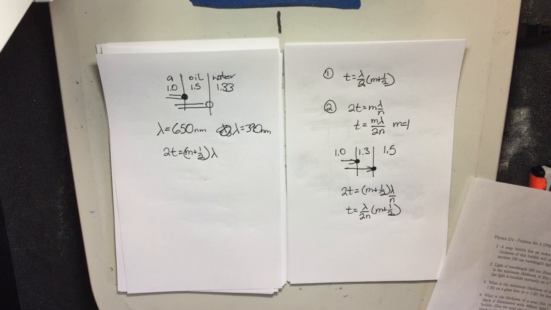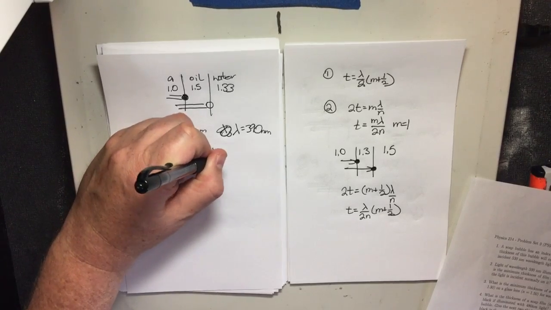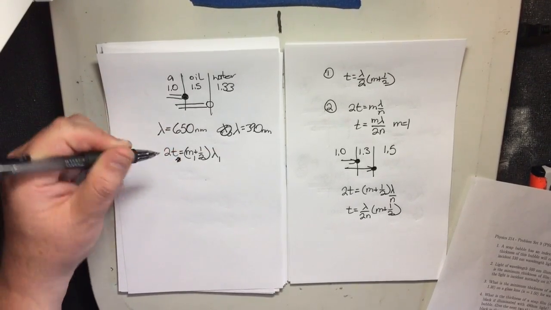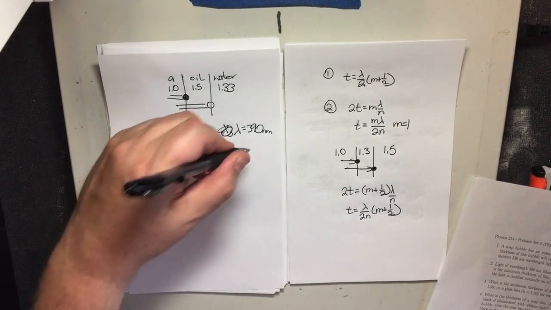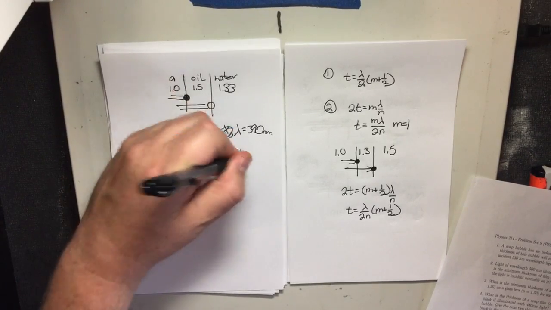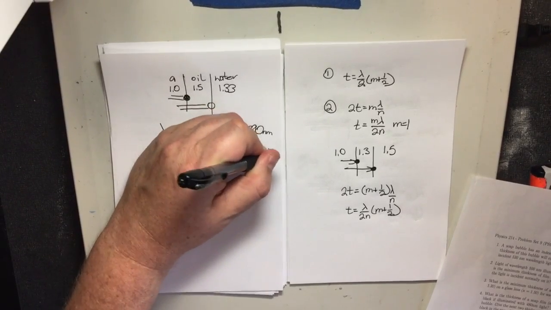Well, if you pick m equals 0, you get the thickness for one specific lambda. But this thickness has to match both. Actually, t doesn't need a subscript. So 2t equals (m1 plus 1/2) lambda 1, and 2t is equal to (m2 plus 1/2) lambda 2.